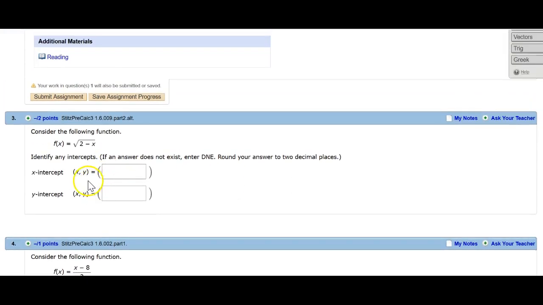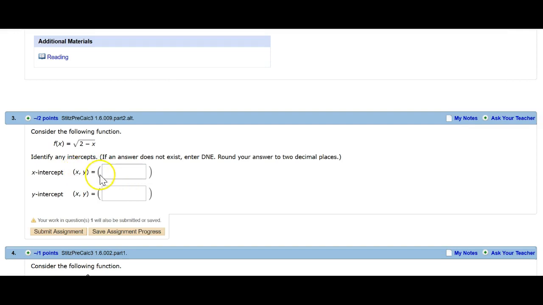Notice this is asking for an ordered pair. So pay attention to what it's displaying before the answer box because that's giving you a hint of what it wants. Notice also that it has parentheses already built in. A common mistake is for people to put another set of parentheses, and for an ordered pair that won't work.